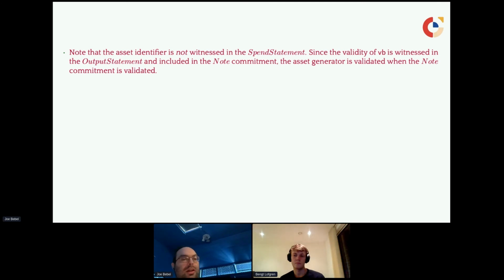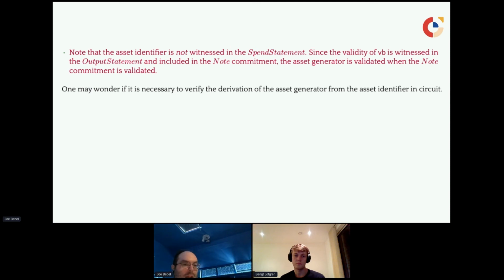The output circuit enforces this, that only valid asset generators can be used to create notes, and so we can assume that when the notes are spent, their asset generators were already checked to be acceptable. So one may wonder if it's necessary.